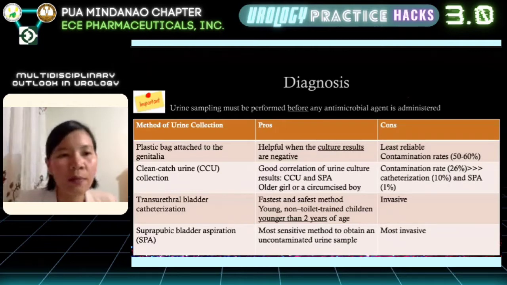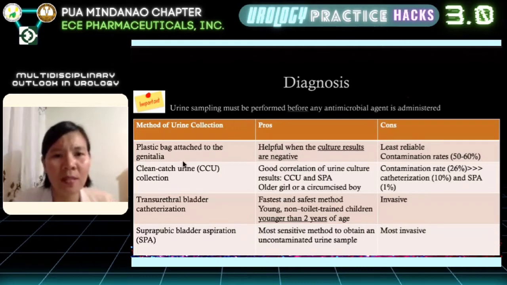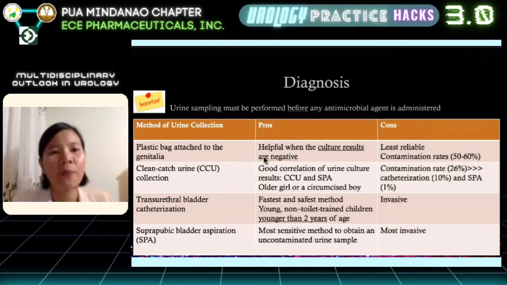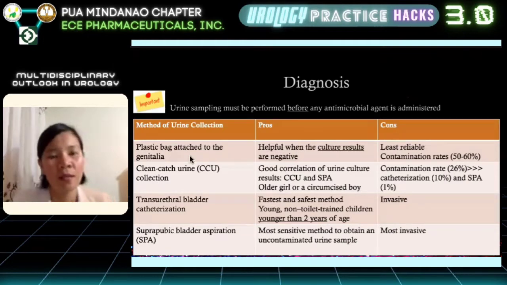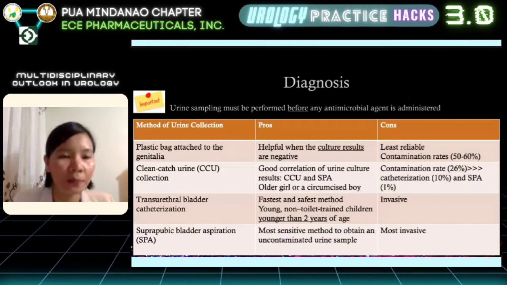For a plastic bag attached to the genitalia, we know that this is the least reliable because the contamination rate is very high, about 50 to 60%. It is only helpful when the result of this plastic bag specimen is negative. Then that's the only time that it is helpful. Otherwise, it is non-reliable.